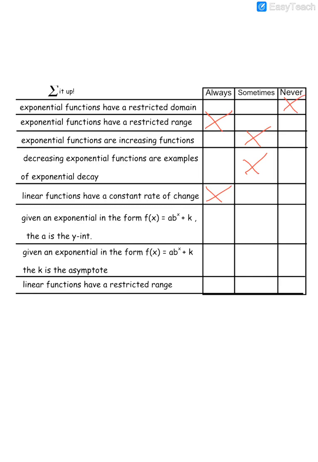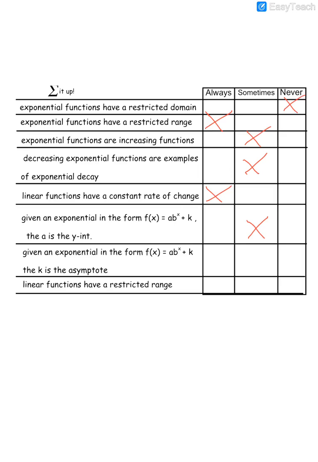Given an exponential in the form f of x equals a b to the x plus k, the a is the y-intercept. So not when there's a plus k going on there. Got it. I'm going to say sometimes. It depends upon what that k is. If the k is an asymptote, it's going to change what the y-intercept is.